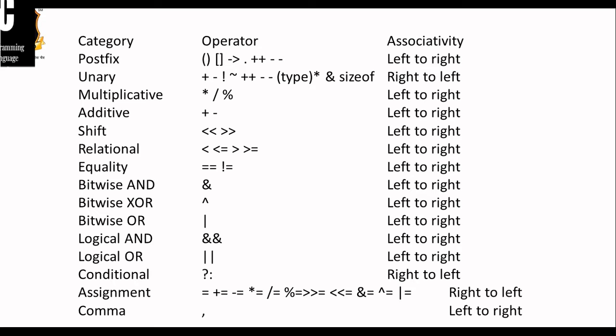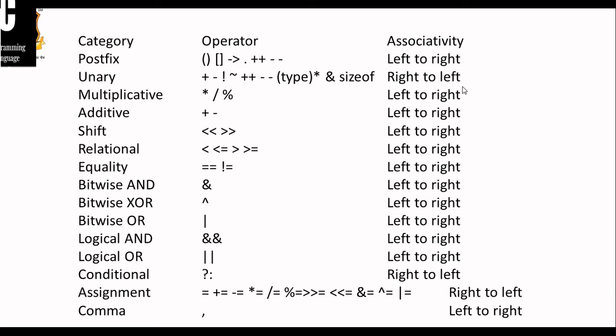See, here are the different categories, the operator symbols, and the associativity of the operators. In postfix, there are different operators, these are opening and closing, having associativity left to right. Next is the unary operators.